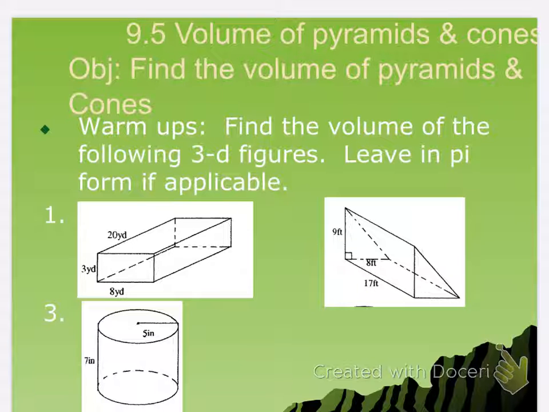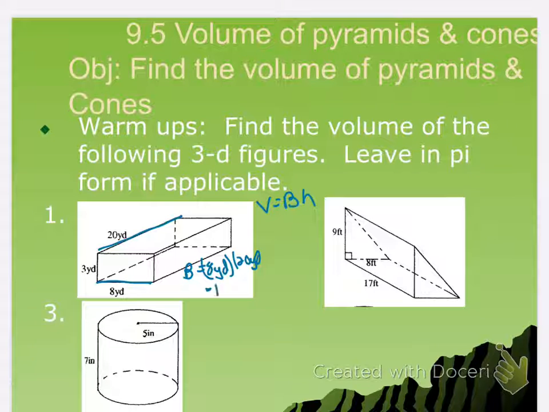So remember, to find volume of prisms, it's area of the base times our height. And remember, in a rectangular prism, the area of the base is the area of what it's sitting on. So base here is our width of 8 yards times our length of 20 yards.